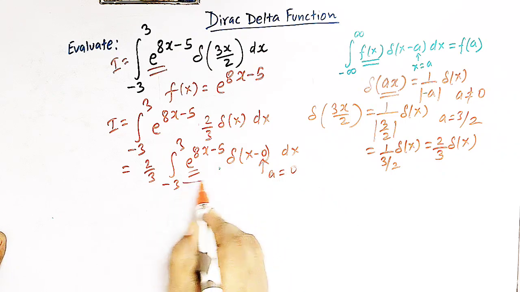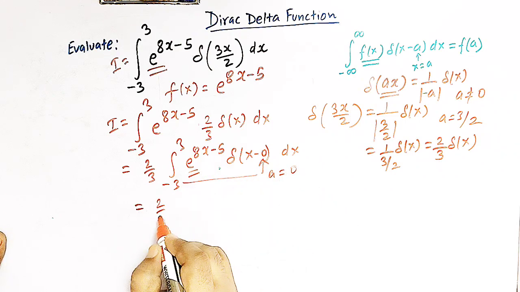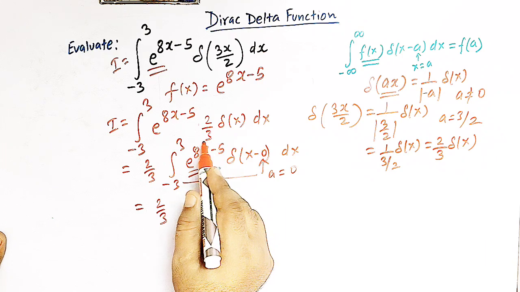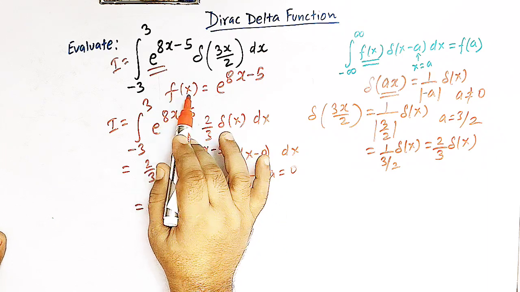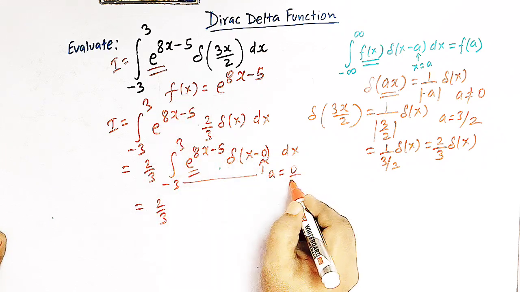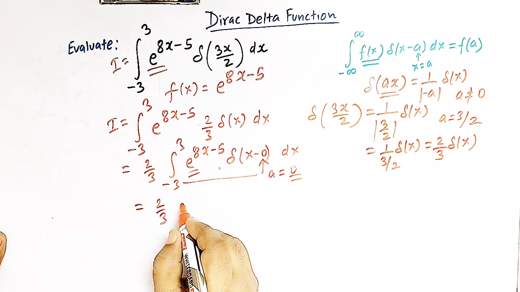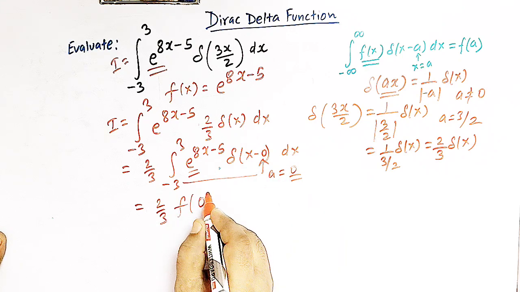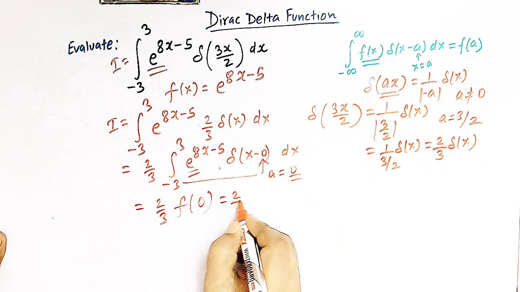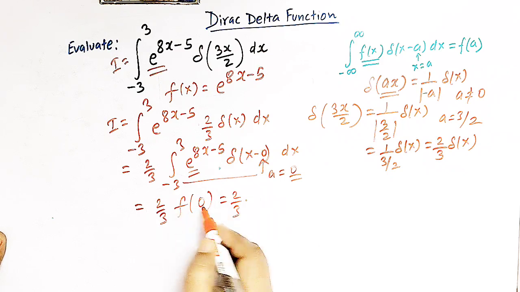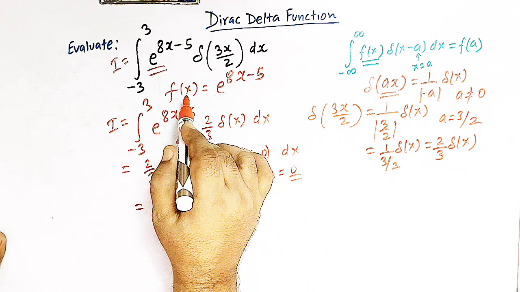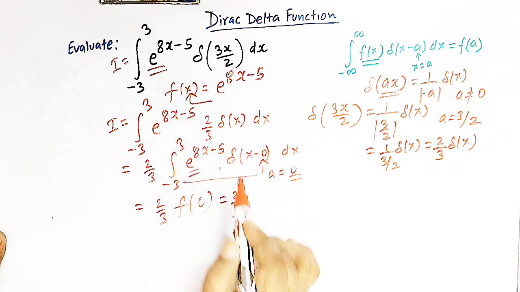So the value of this integral is equal to the value of the function, that is f of x, at this point, that is a is equal to 0. So we have f of 0. So now we can write 2 by 3, and f of 0 is obtained by replacing this x by 0.